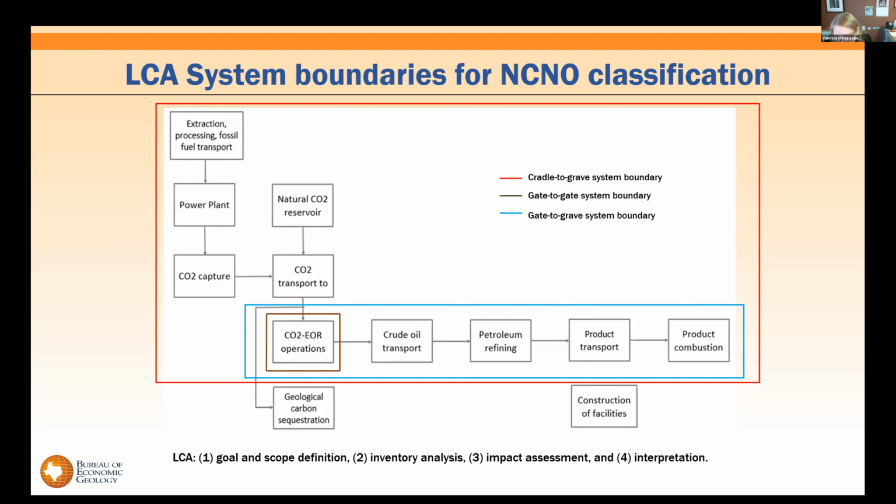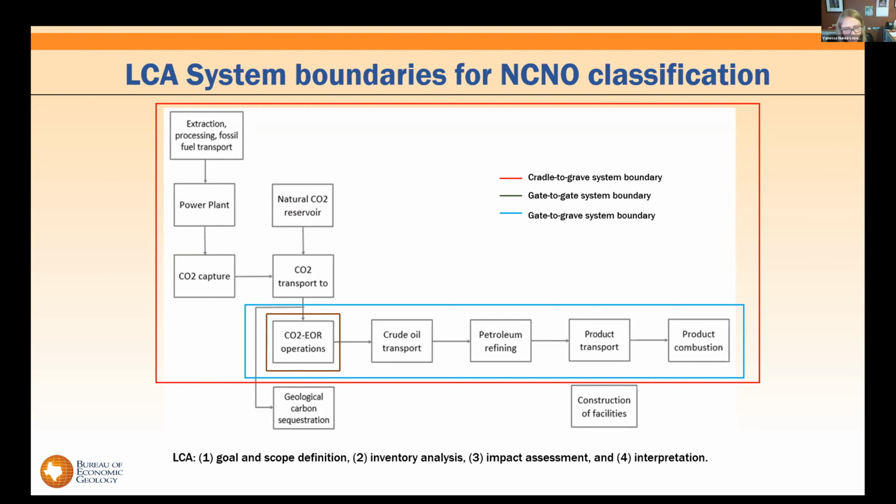So in LCA, the definition of boundaries is very important and is part of the goal and scope definition. So all the relevant CCUS boundaries are what you can see here on the slide. So we have a cradle-to-grave boundary that is an all-encompassing boundary. We left out geologic carbon sequestration, which is injection of CO2 into a deeper saline aquifer.